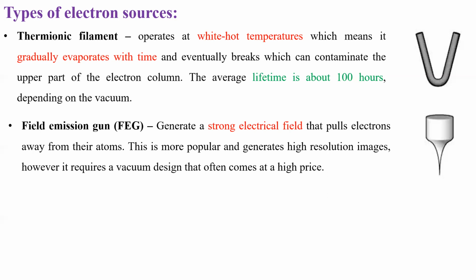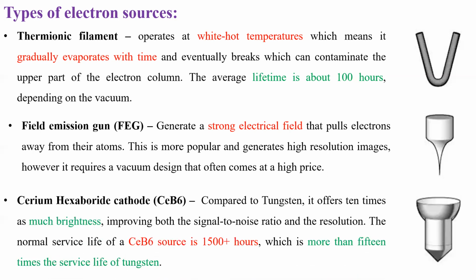And if you want higher magnifications, we can go for a field emission scanning electron microscope. The third type is the cerium hexaboride cathode. Compared with the tungsten thermionic filament, it offers 10 times as much brightness, improving both signal to noise ratio and resolution.